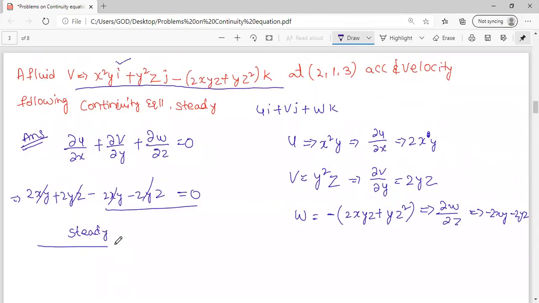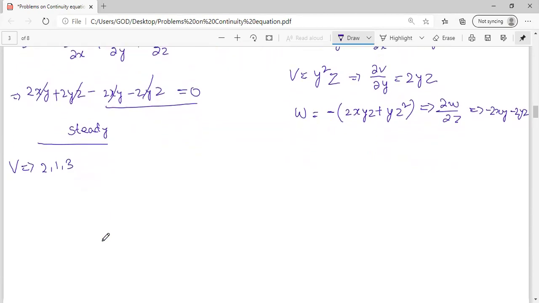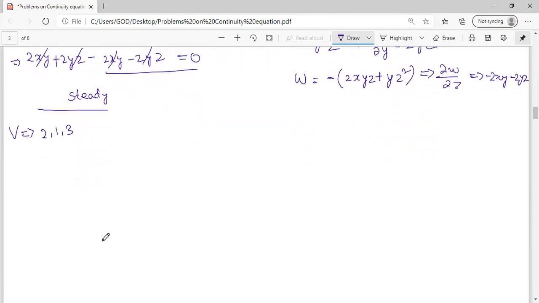If you go further, now he is asking what is the velocity at 2 comma 1 comma 3, as well as the acceleration. First we will solve velocity, then we go for acceleration. Coming to the velocity, u is equal to, as I already wrote there, x square y.